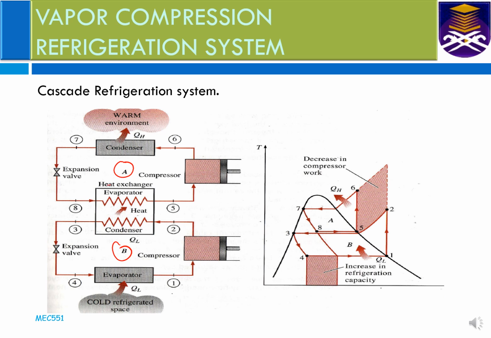So the condenser from the bottom cycle is connected with the evaporator of the top cycle in the heat exchanger, where the working fluid of the bottom cycle and the top cycle can be similar or different.